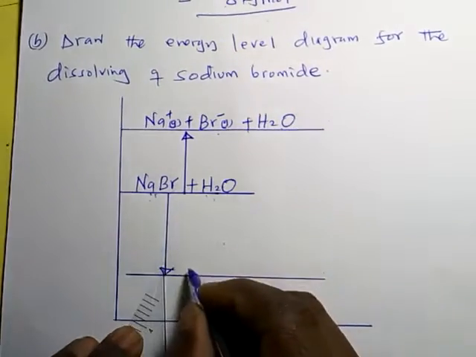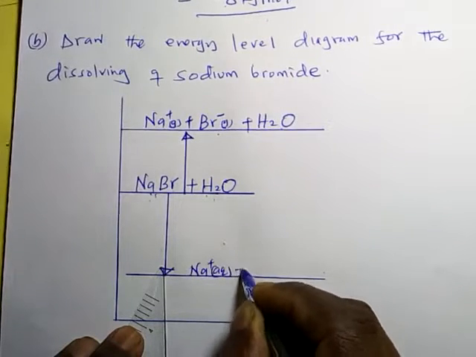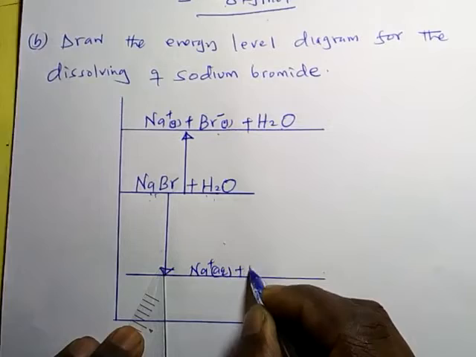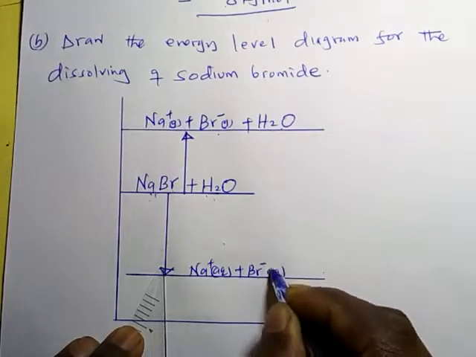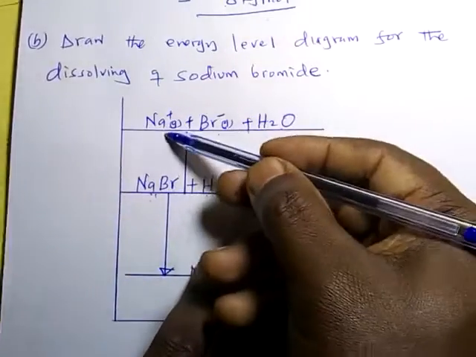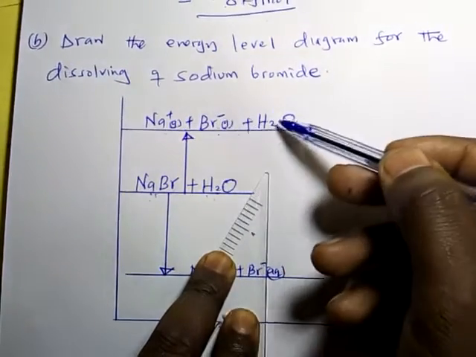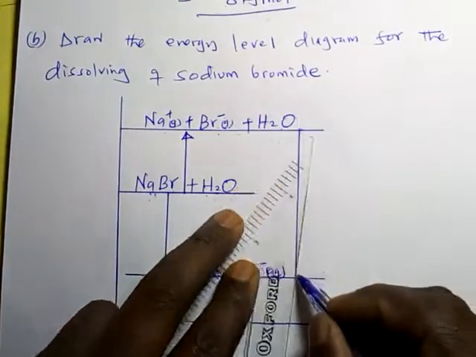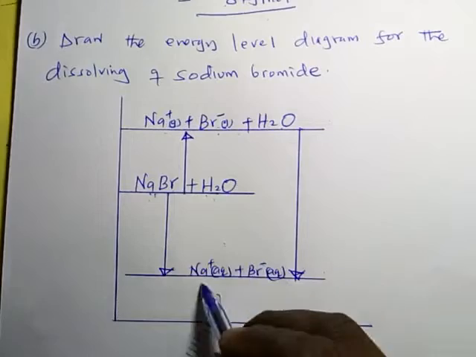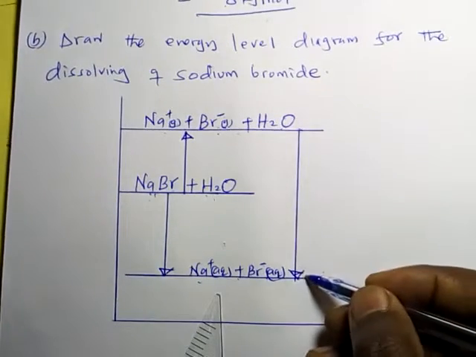We are going to form sodium ions aqueous, that is the final product, plus bromide ions aqueous. So sodium ions in gaseous form plus bromide ions in gaseous form plus water directly form this one, which is in aqueous state. That's why this one comes like this.